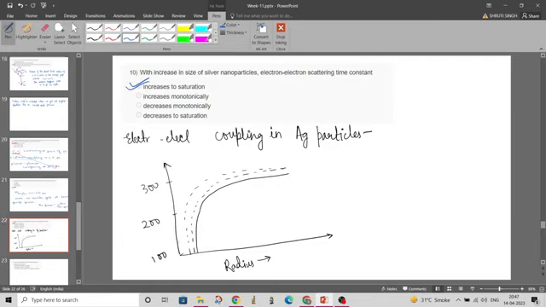There is an initial rise because with the increase in radius, there is some equilibration happening, and the energy gets redistributed among all the electrons.